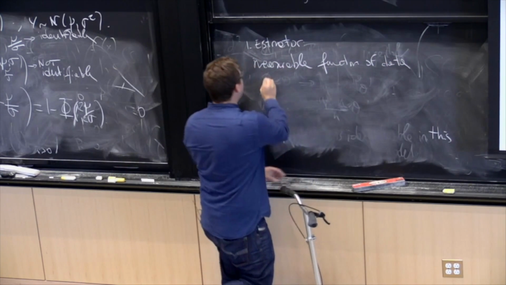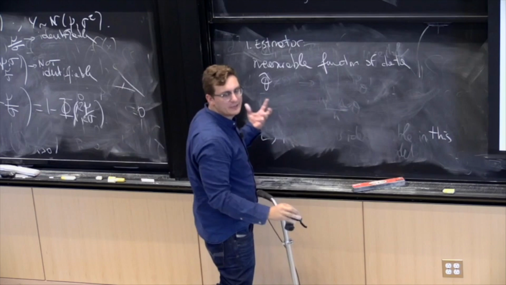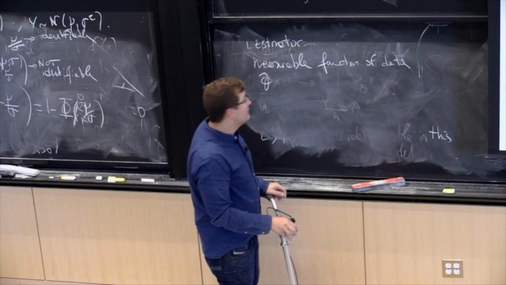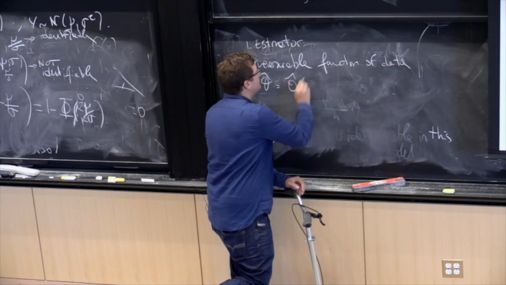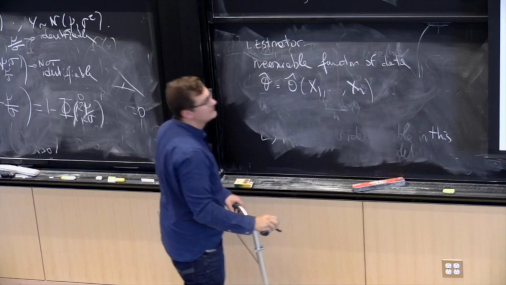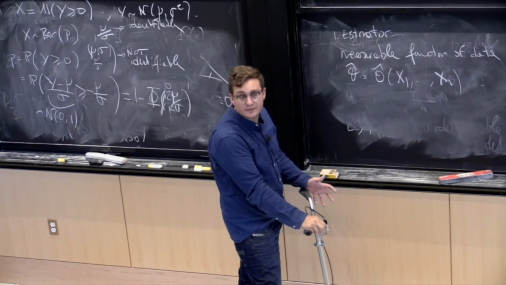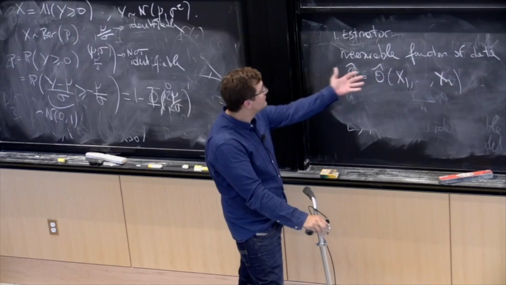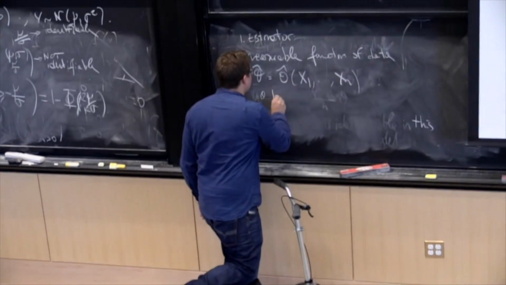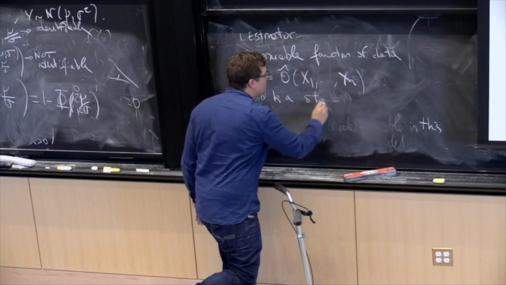So when I write theta hat, which will typically be my notation for an estimator, I should really write theta hat of X1, ..., Xn. That's what an estimator is. It is a measurable function of data, and it's also known as a statistic.